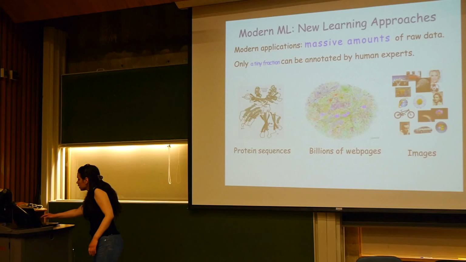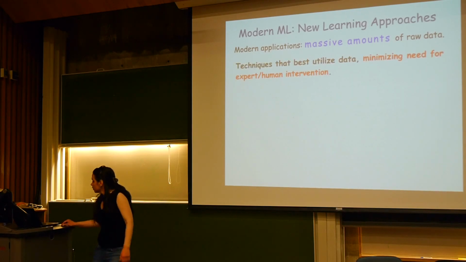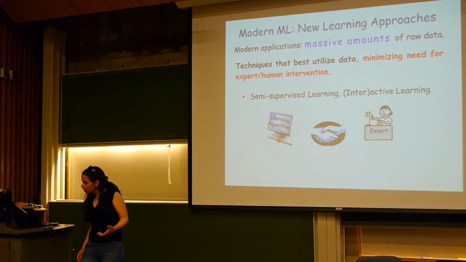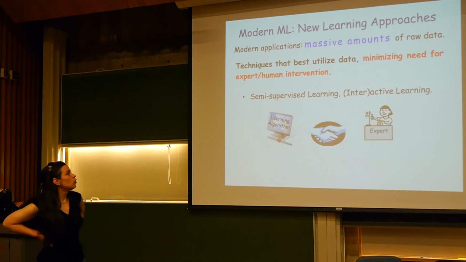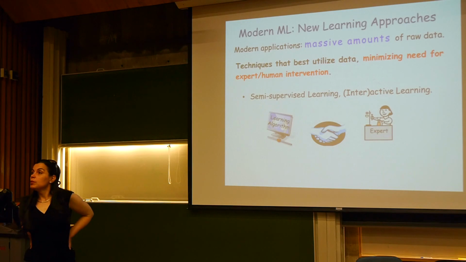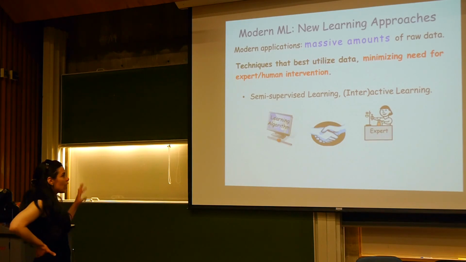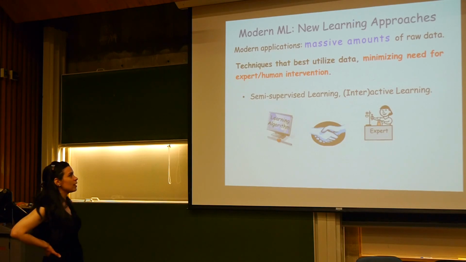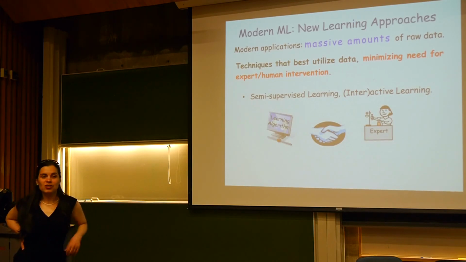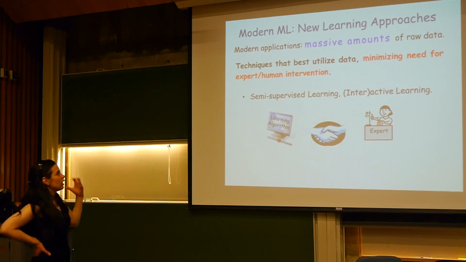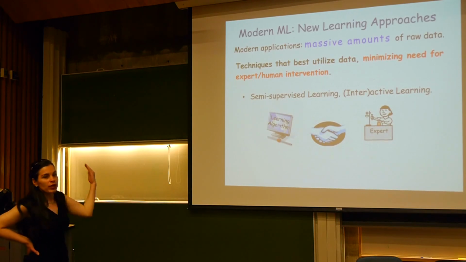And I think one of the cool directions in machine learning these days, and we talked a little bit about that, is to design learning techniques that somehow most effectively utilize the available data, but minimize the need for expert or human intervention. Okay, and we've seen in the course some techniques related to semi-supervised learning and active learning, but these are just very stylized approaches, and there is a lot of exciting activity on doing this even better.